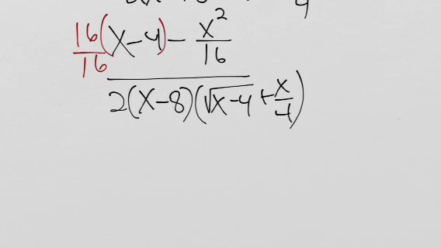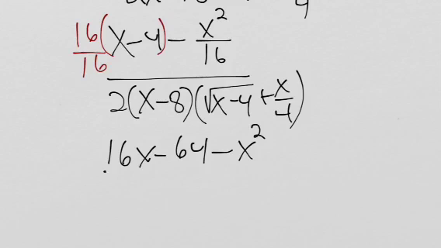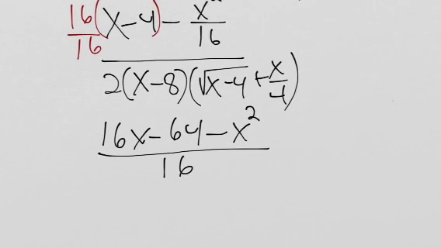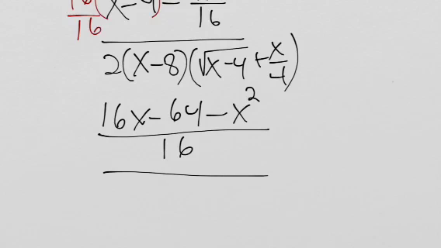All right, so what that equals is 16x minus 16 times 4 is 64, minus x squared, that's all over 16. All right, we've got to do this again, just because this is going to drive us crazy if we have to keep rewriting this.